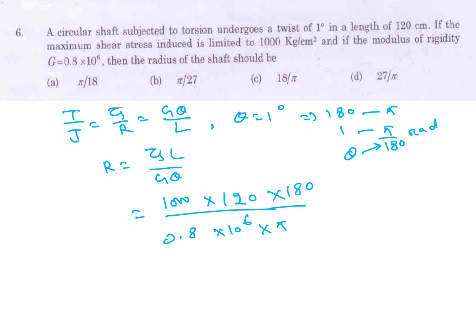So 8 divided by 10, 60 cancel. Then 4 into 2, 4 into 3, 2, 9, 27 by pi. R equal to 27 by pi. D is the answer.